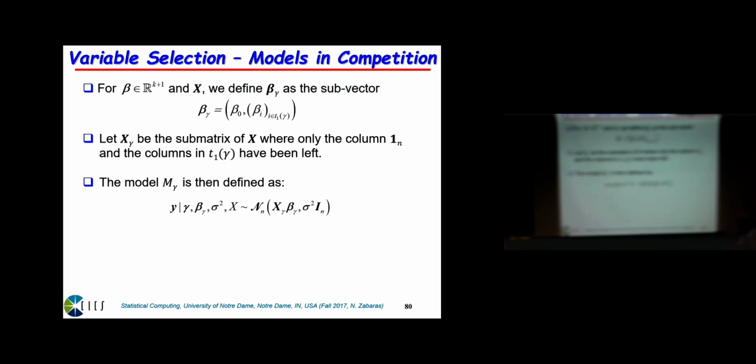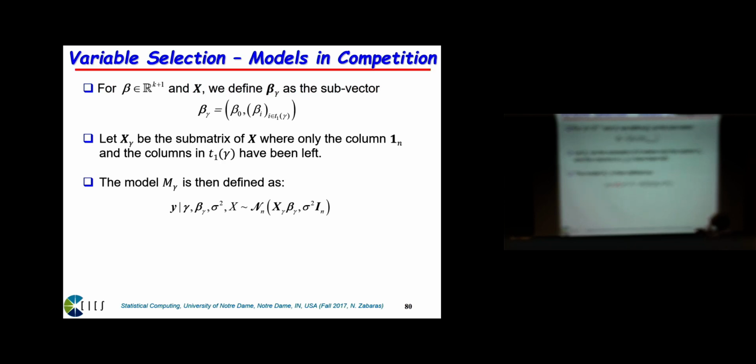So for example, is this a good calculation for the likelihood? Look at this and tell me if there's anything weird here. So the likelihood, you're conditioning on beta and sigma squared and the input, right? But now I condition it not on beta, but on beta gamma, because I already have gamma there in the conditioning.